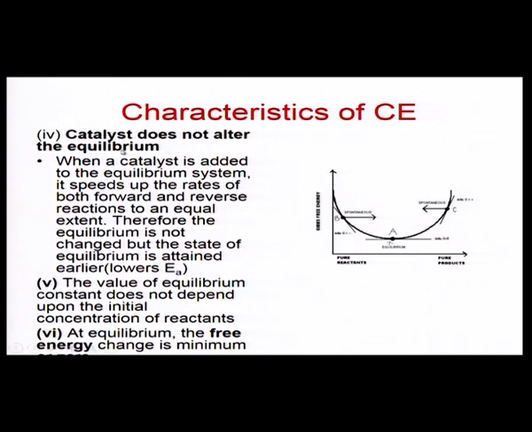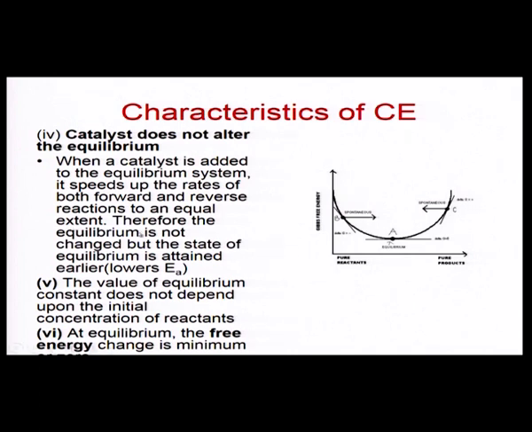The other characteristic of chemical equilibrium is the role of a catalyst. A catalyst does not alter the equilibrium. Even in a reaction of two reactants, we add a catalyst to speed up the reaction. Definitely a catalyst does not alter the equilibrium in a reaction, and when a catalyst is added to the equilibrium system, it speeds up the rate of both the forward as well as the reverse reaction to an equal extent. That is the role of the catalyst.